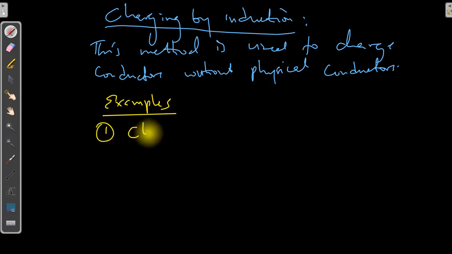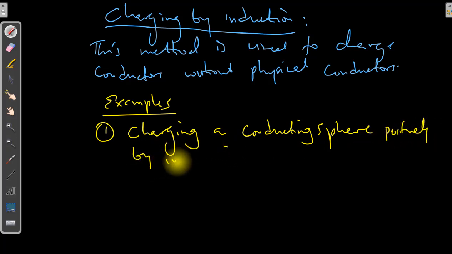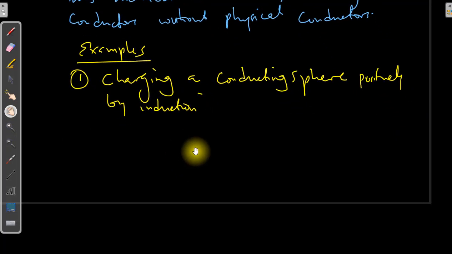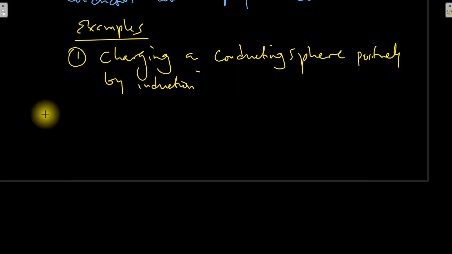The first example we'll look at is charging a conducting sphere. Let's charge it positively by induction. Remember, this method does not involve any physical contact.